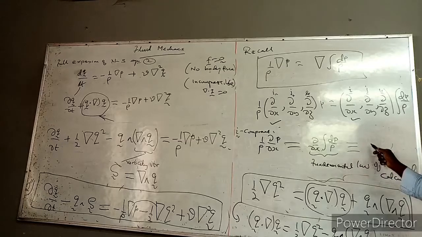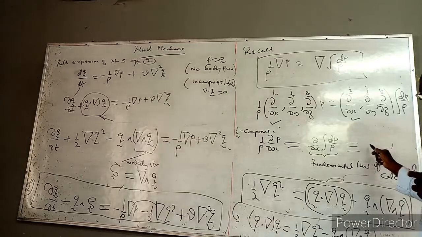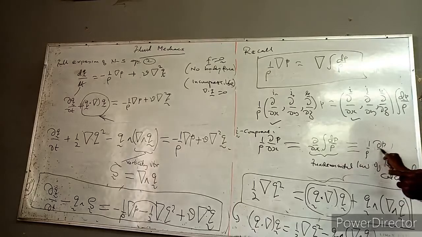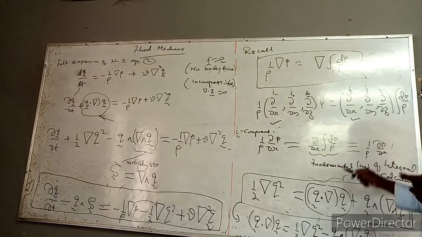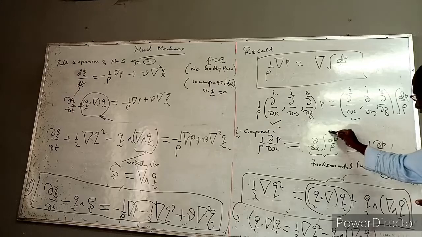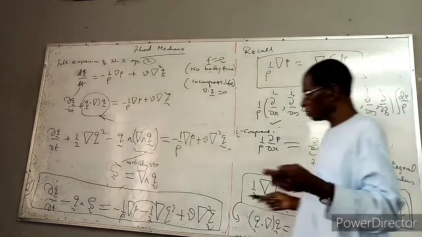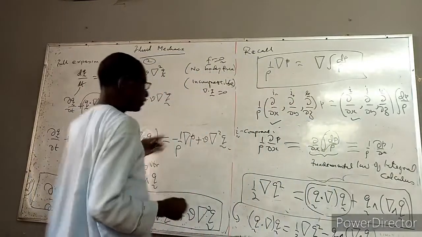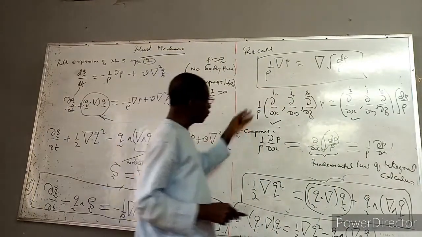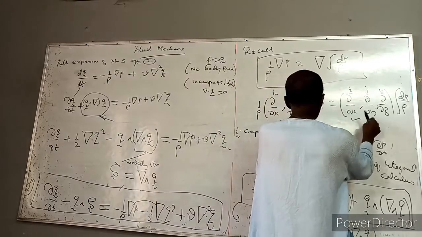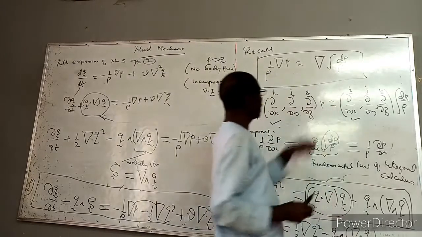So this simply changes to 1 over rho dP/dx. Since it is true for the I component, the same trend holds for the J and K components, so this is generally valid.